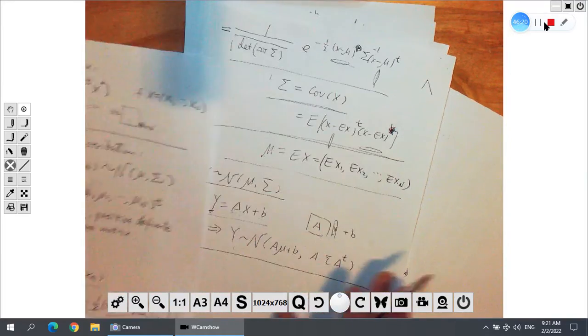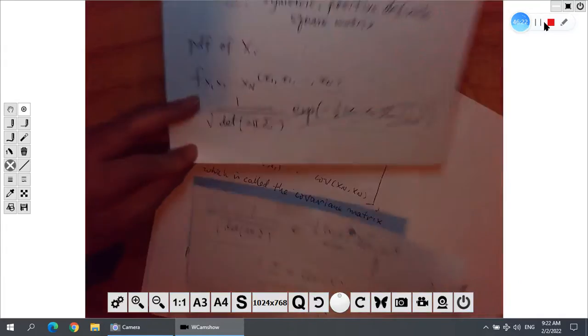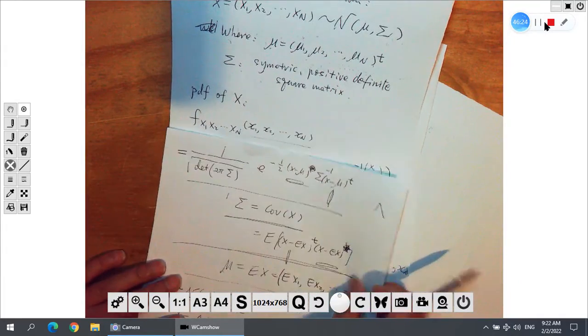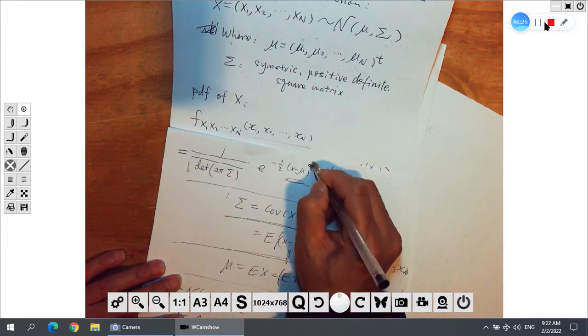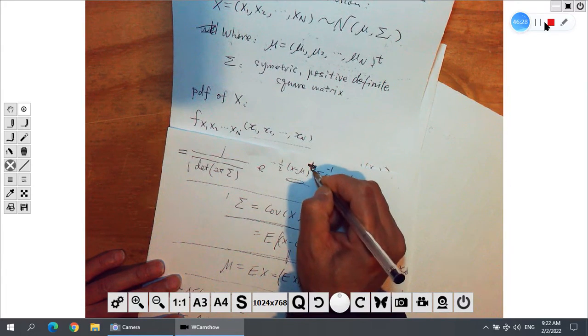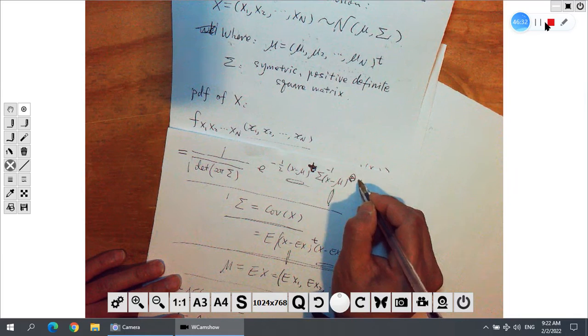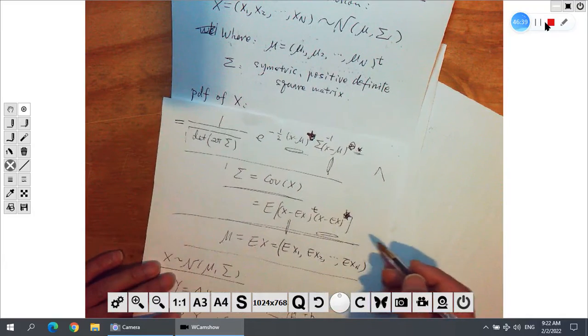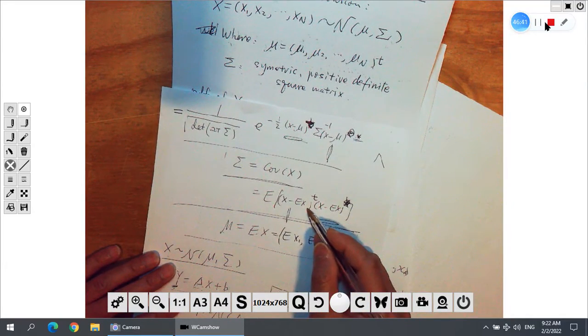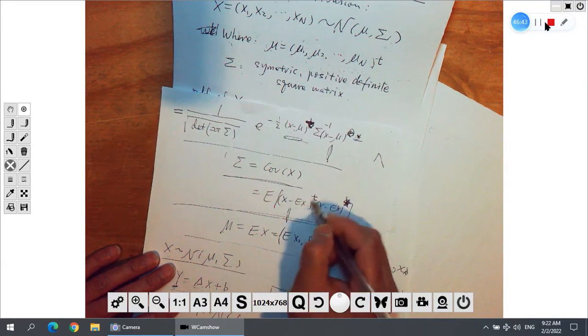Then the density function. Here I need a transpose. And here we might have a star depending on whether it's real or complex. If it's real, then there's nothing here. And because this one is already a column, I don't need this.